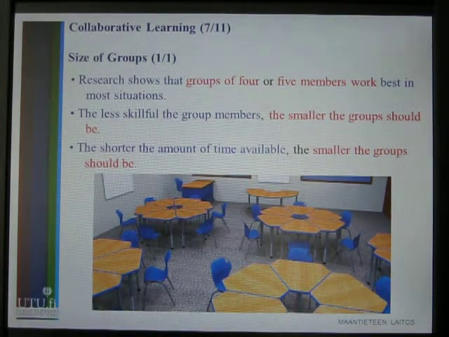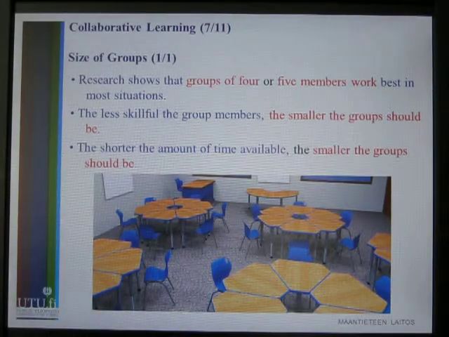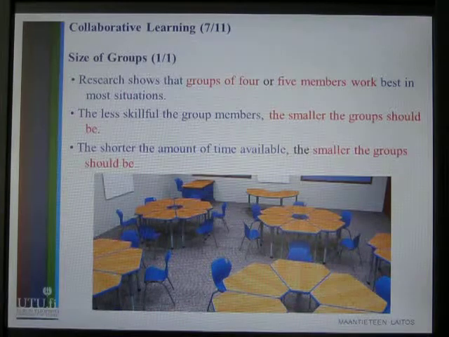The first thing is that the less skillful the group members, the smaller the group should be. That means giving an opportunity, or an amount of time, to people of low skill to think, to express their opinions, to solve the problems, or to derive the solutions of the questions.